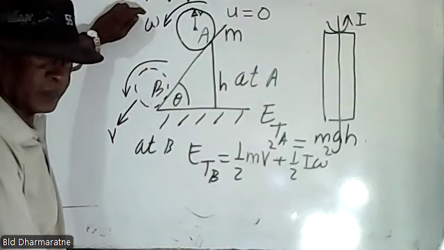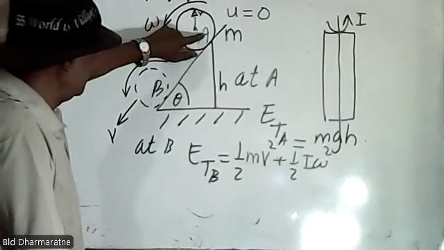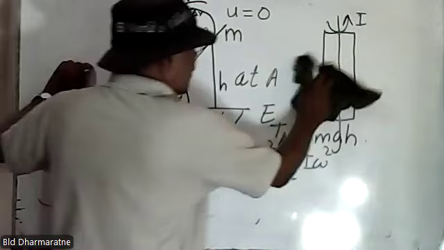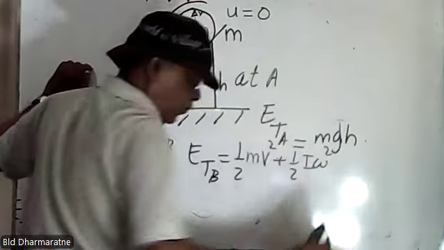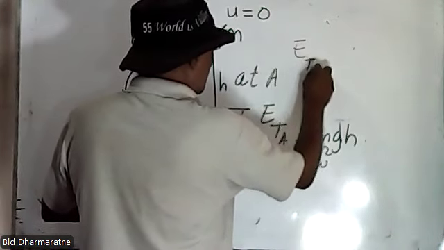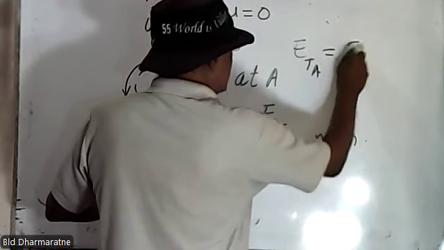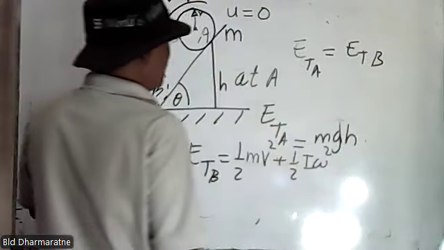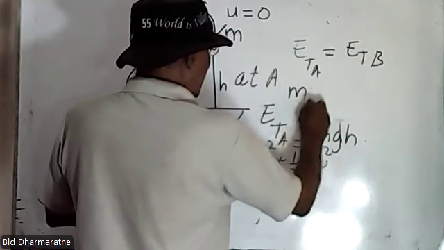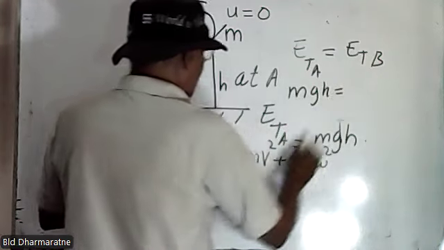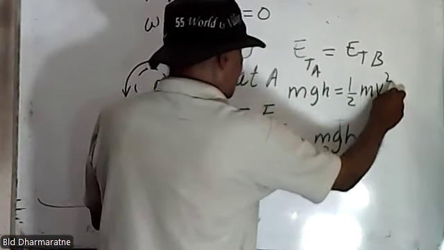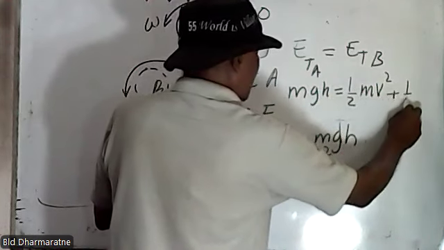The conservation of energy law says the energy at A equals the energy at B. Therefore ETA equals ETB, so mgh equals half m v square plus half I omega square.